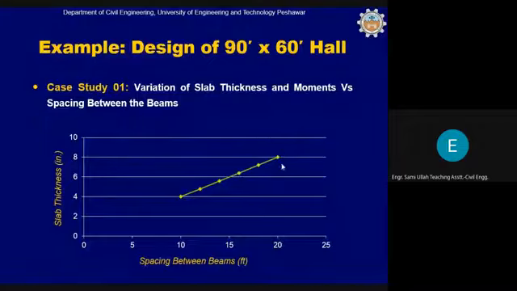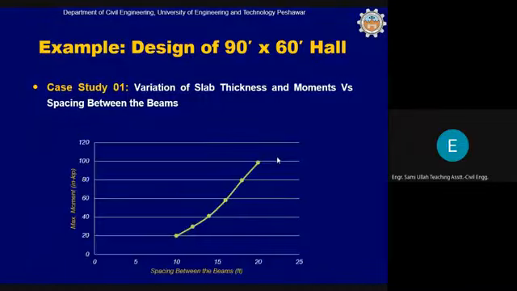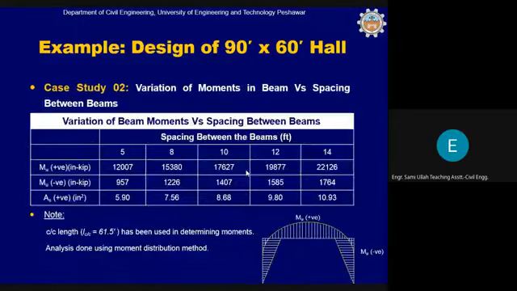Now, when you change the distance between the beams, the load on the beam will also increase, because the change in center to center distance between the beams will change the load on every beam.